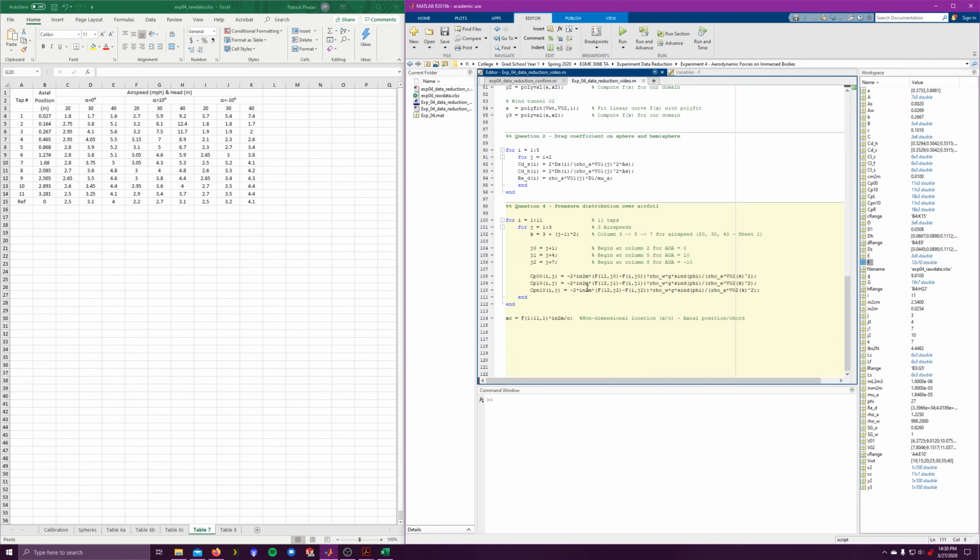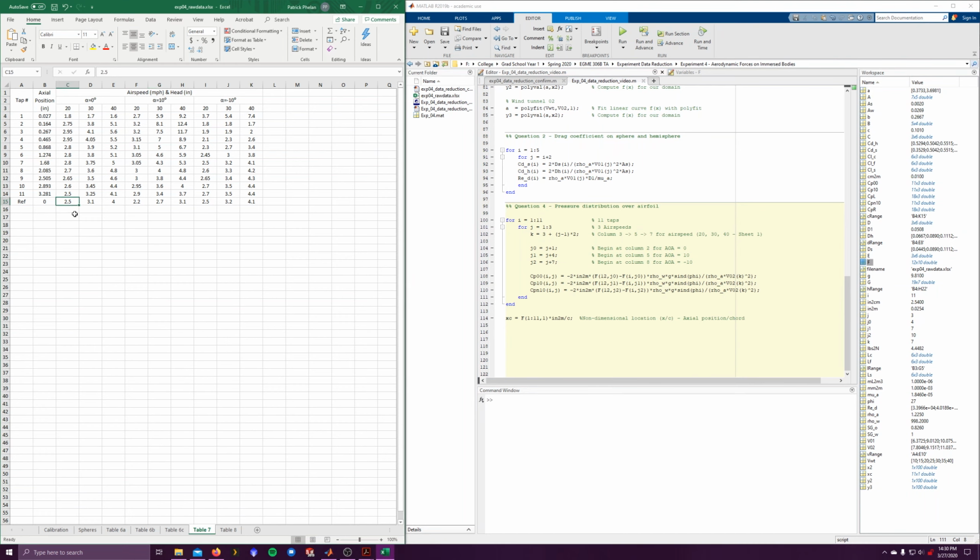And because we need that pressure data for each of those different angles of attack as well. So this is F12, J0. This is F12, J1. And then this is F12, J2. Okay, so just make sure you have this updated code.